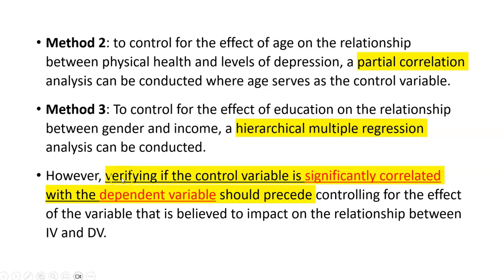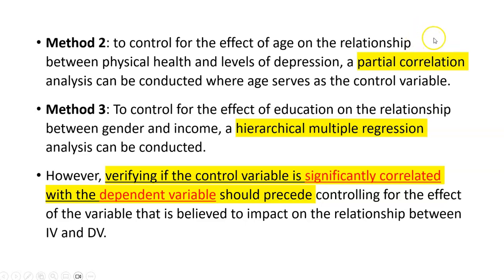You should first verify if your control variable is affecting your dependent variable. For instance, I gave the example of the depression, the good health and the income. You have to first check whether the income affects the depression. If there is no relationship, it cannot be used as a control variable.